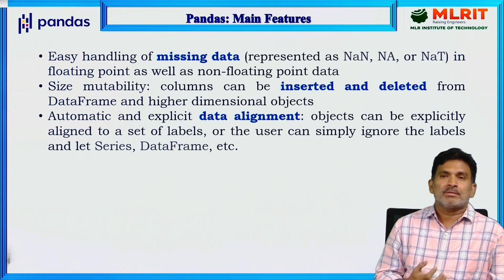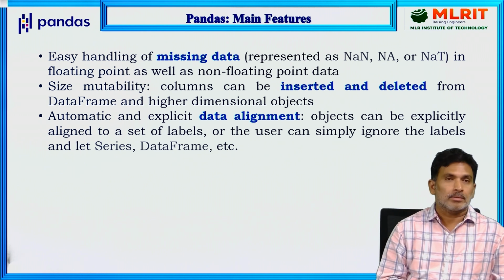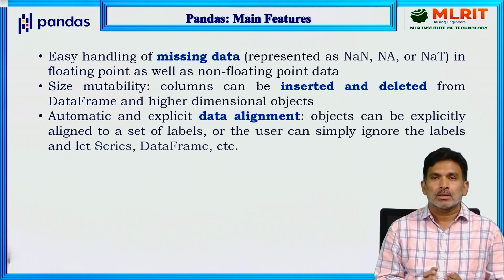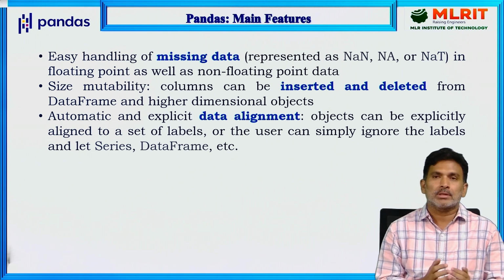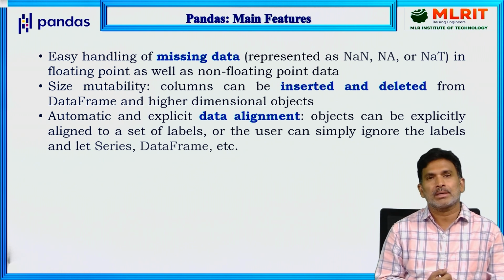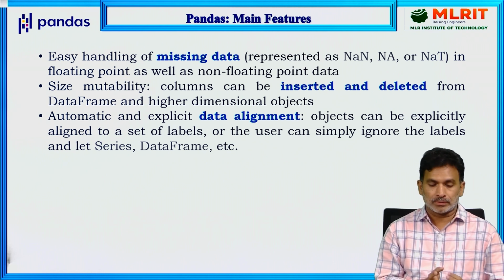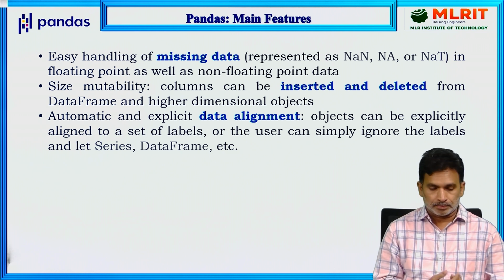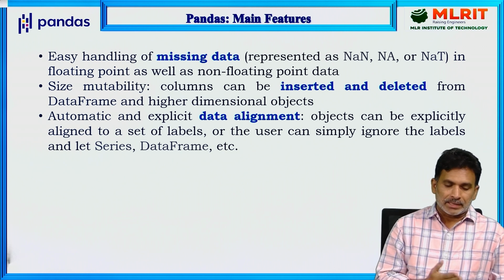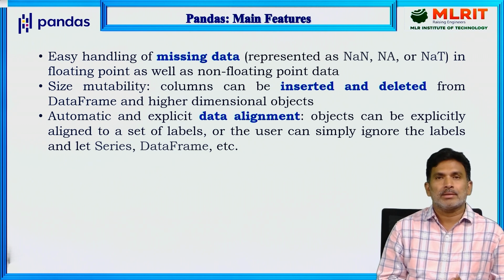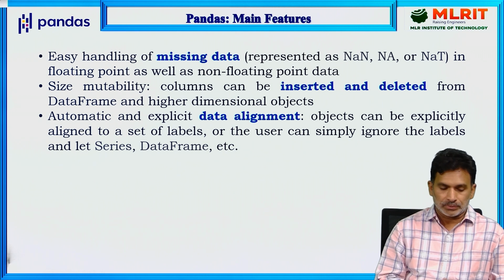If you look at the main features of Pandas, it is very easy for handling missing data, because the libraries we are discussing, Pandas, NumPy, and Matplotlib, are mainly used for pre-processing and exploratory data analysis, etc. Size mutability is another very important feature: columns can be inserted and deleted from data frames, and higher dimensional objects.